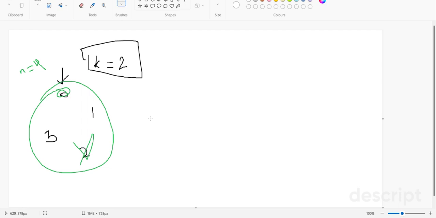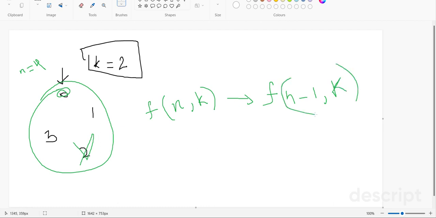So can I say it is like a recursive function, initially having the input as n and k, and this input is getting reduced to one person less, that is f of n minus 1, right? So I hope you've got the idea how we can solve this using recursion, right?